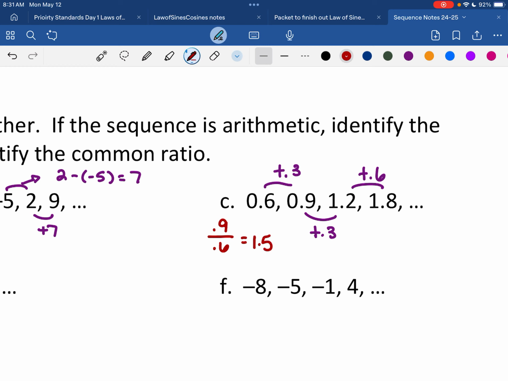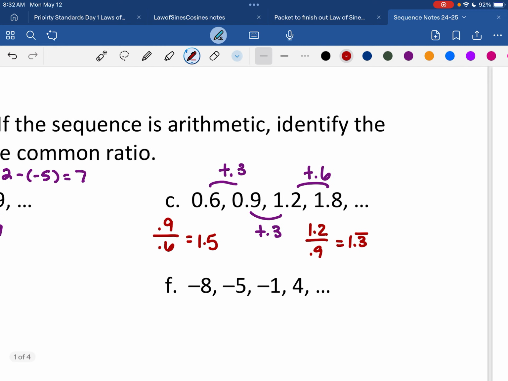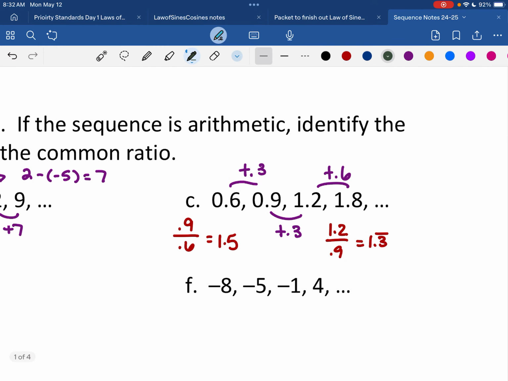And then I'm going to take 1.2 divided by 0.9. That equals 1.3 repeating. So that's not it. So this is a neither. I'm going to write down neither because it did not satisfy arithmetic or geometric.